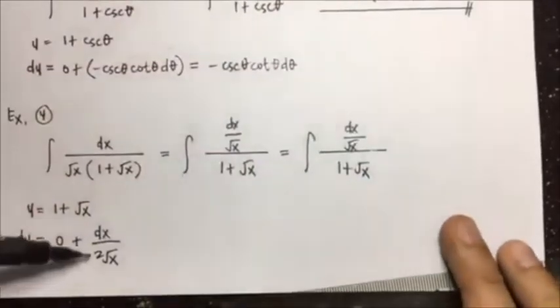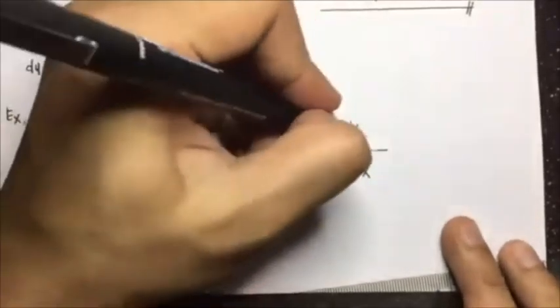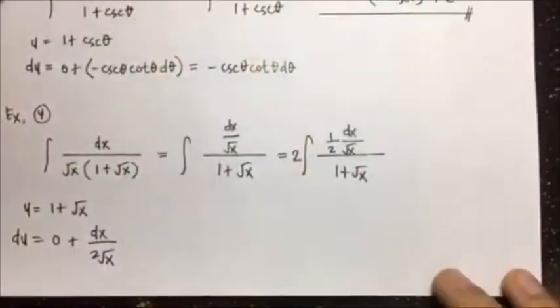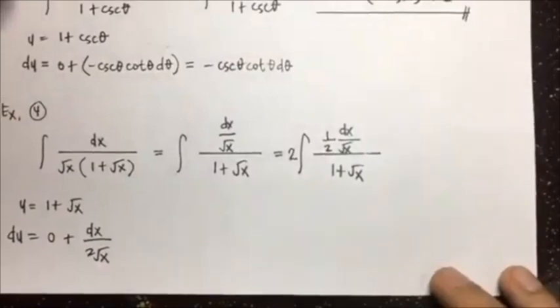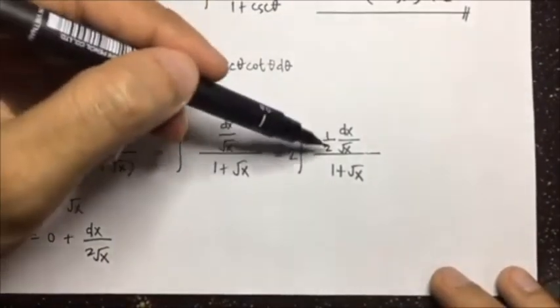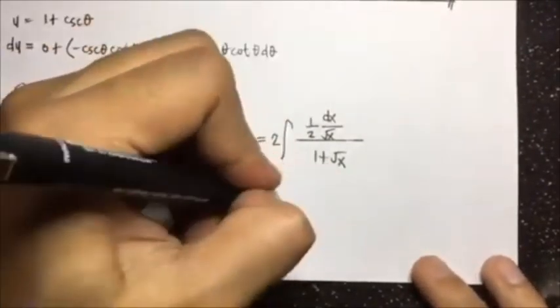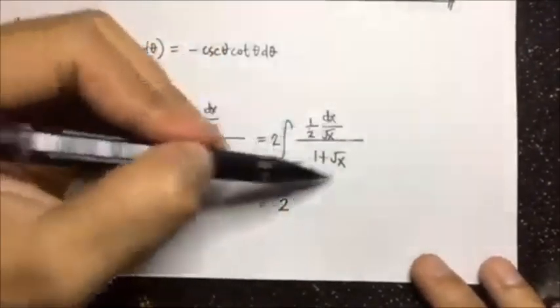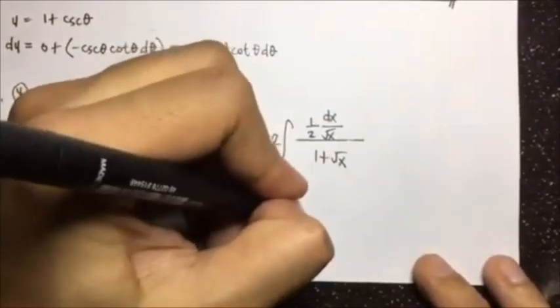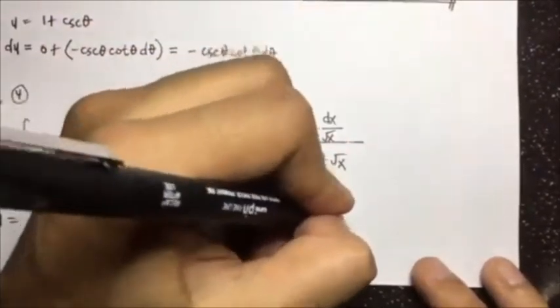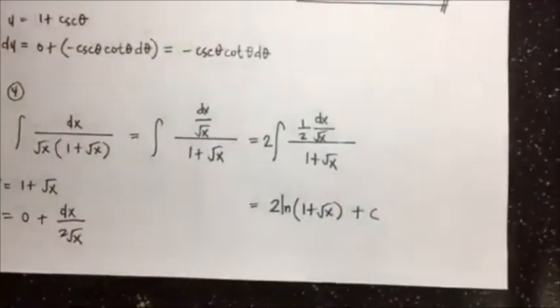Again, the numerator has a missing coefficient of 1/2, so multiply here 1/2, then outside multiply it by 2, since 2 is the reciprocal of 1/2. Therefore, our answer now would be 2 times the integral of this, which is ln of u, which is 1 plus square root of x, plus c.